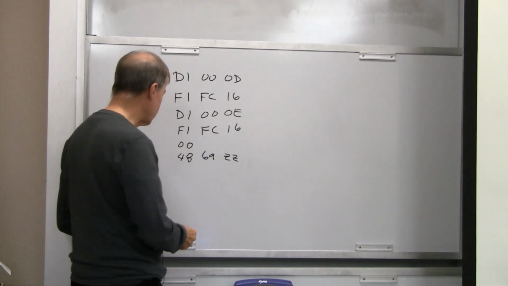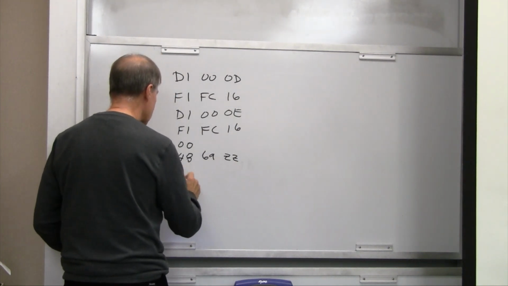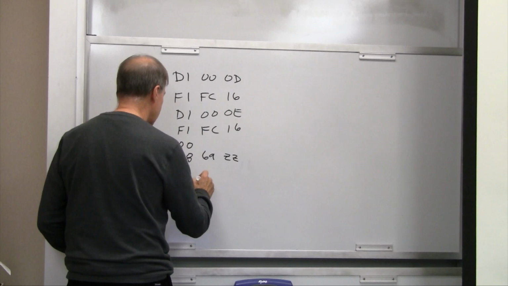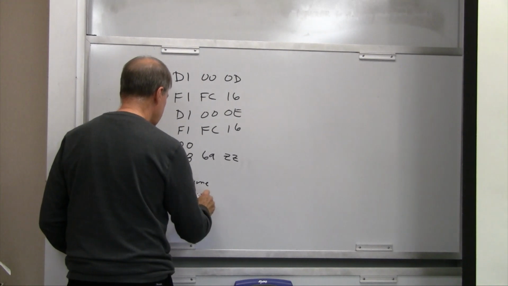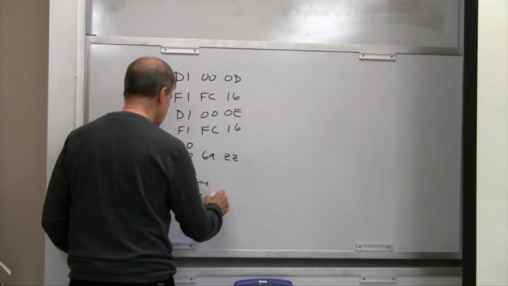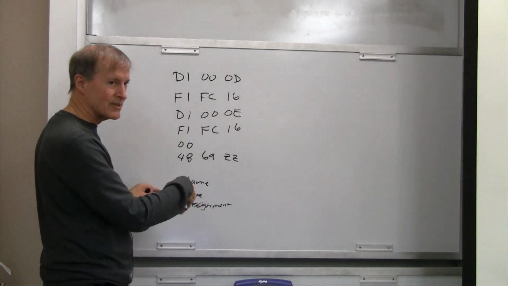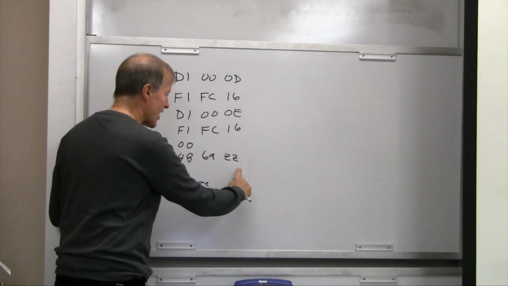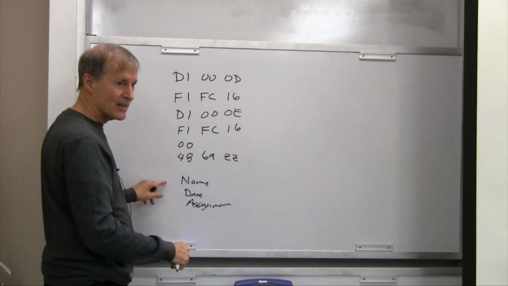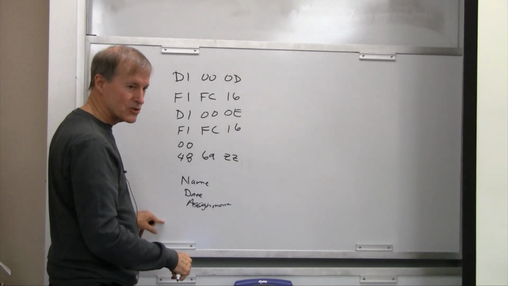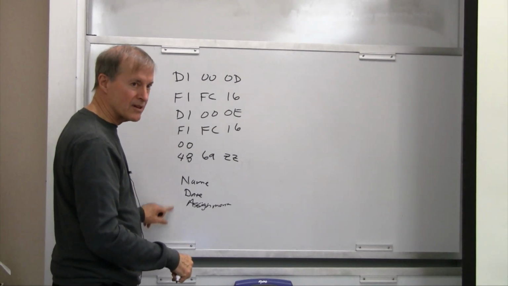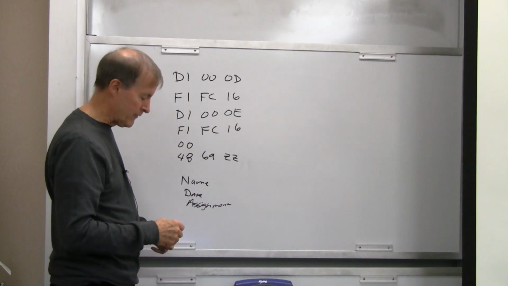You can put your name here, date, assignment. You don't have to put a slash or anything, because the loader's just going to stop right here. It's going to ignore anything down here. So you can put anything here that you want, if you'd like.